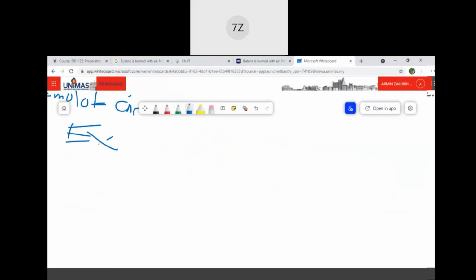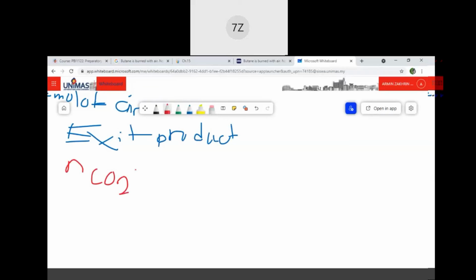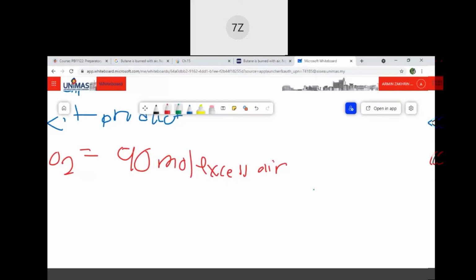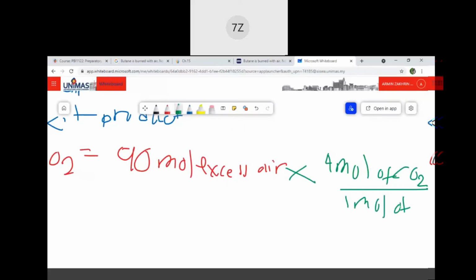Okay, for the exit product, CO2 is equal to 90 mole, you multiply with 4 mole of CO2 over 1 mole of the excess, wrong, sorry, not excess air.